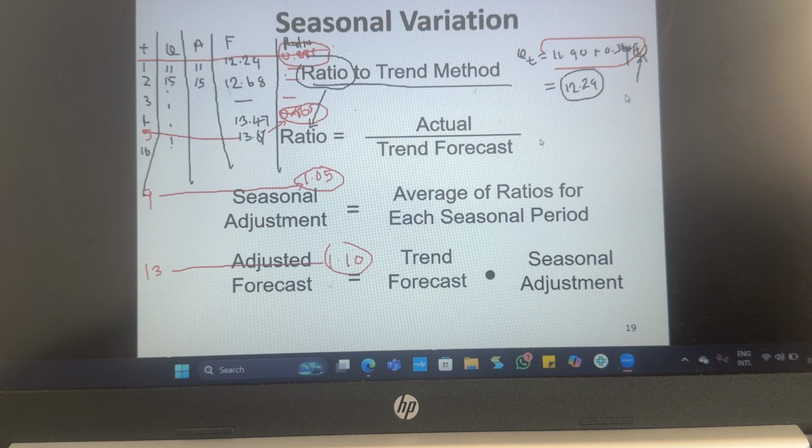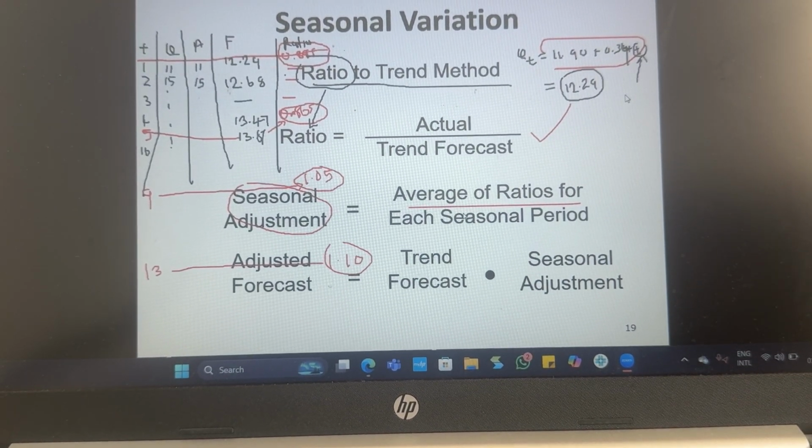Now you know how to calculate the ratio, and here we are going to take the seasonal adjustment. How can you take the seasonal adjustment? Average of ratios for each seasonal period. Our seasonal period is first quarter. You have to take the average.